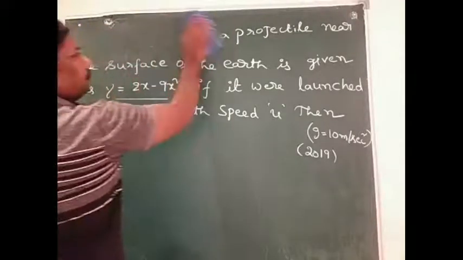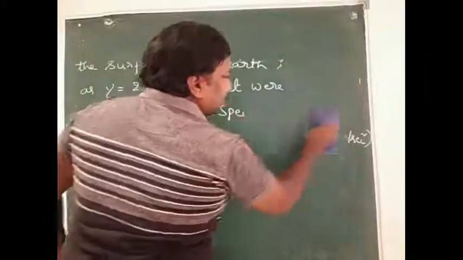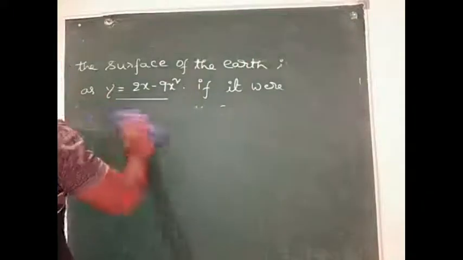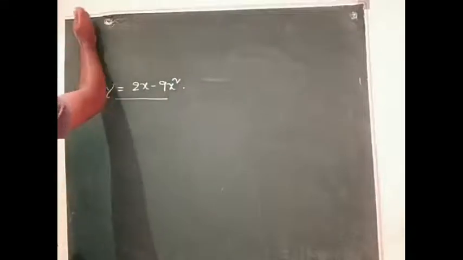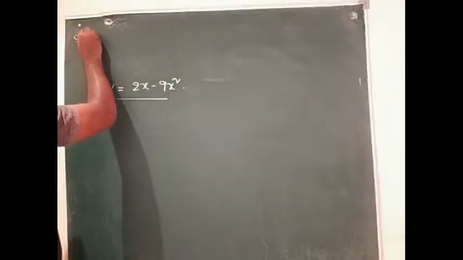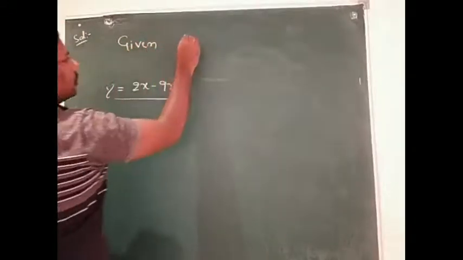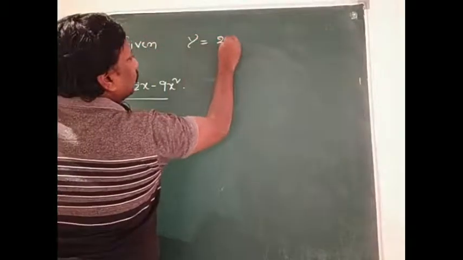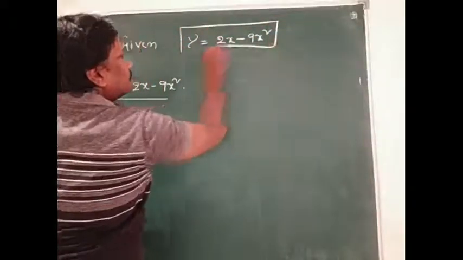So here, the trajectory equation. Given equation: y equal to 2x minus 9x square.